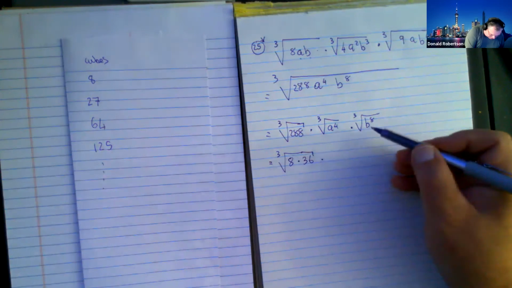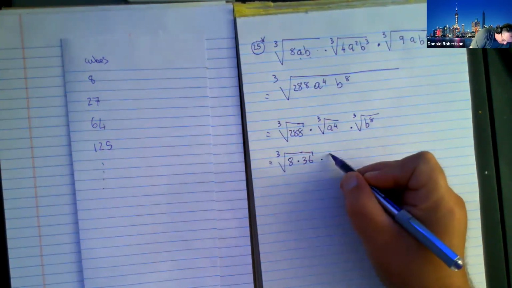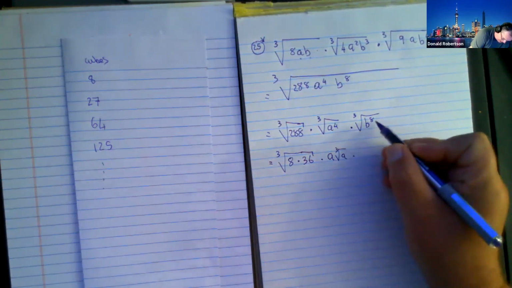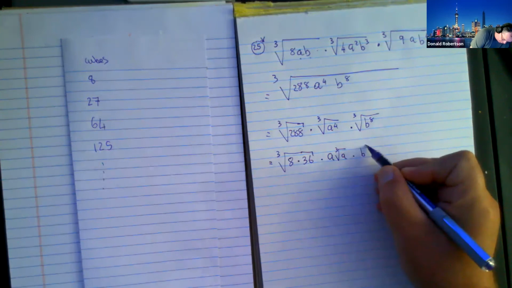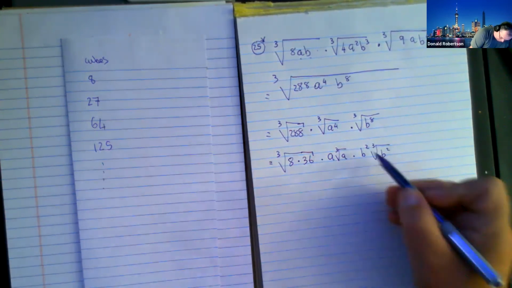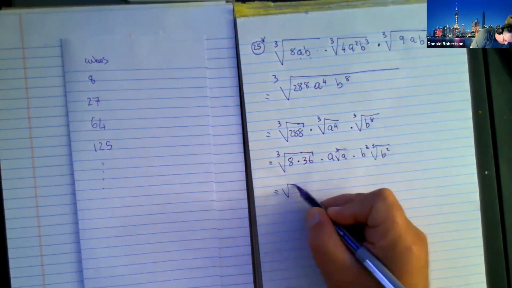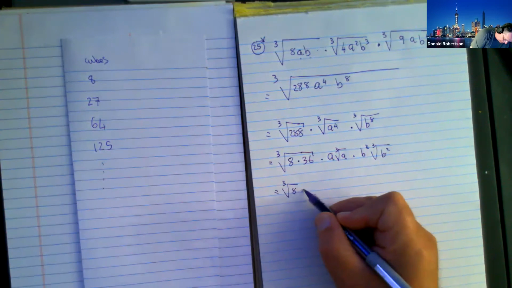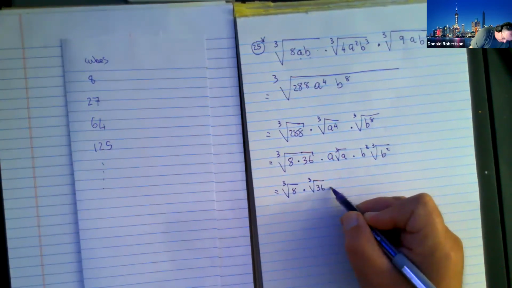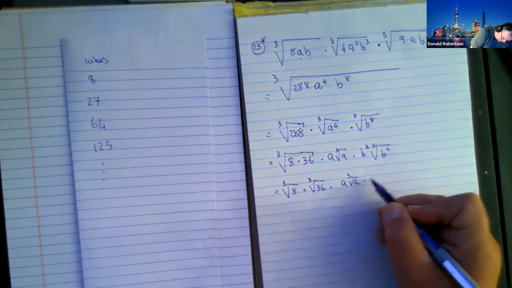Now, these two guys: if you take 4 and divide it by 3, you get 1 and 1 left over. 8 divided by 3 gets you 2 and 2 left over. Now, this becomes the cube root of 8 times the cube root of 36 times this guy times this guy.